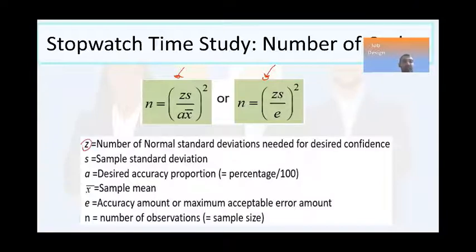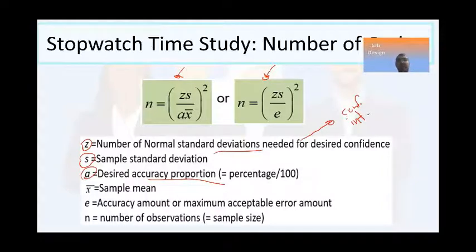First of all, Z, we're all familiar with Z, which is the number of standard deviations, and it's usually corresponding to some confidence interval. Usually we have a confidence interval, and based on that confidence interval, we develop a Z, and we could do that from the normal distribution curve. Then there's S, which is the sample standard deviation. A is the desired accuracy, and this is something you decide.